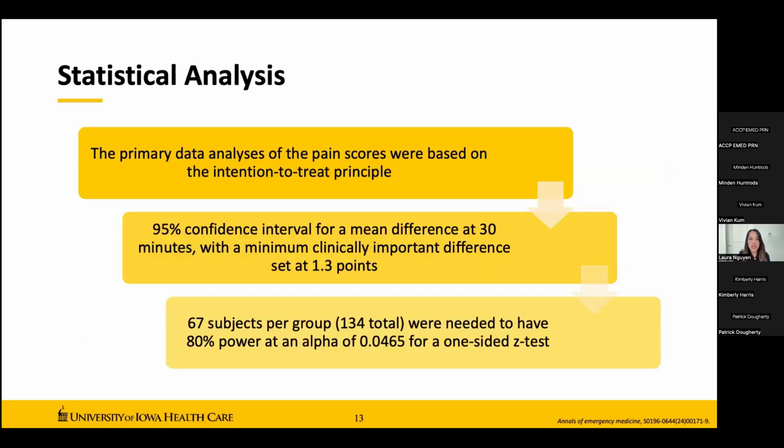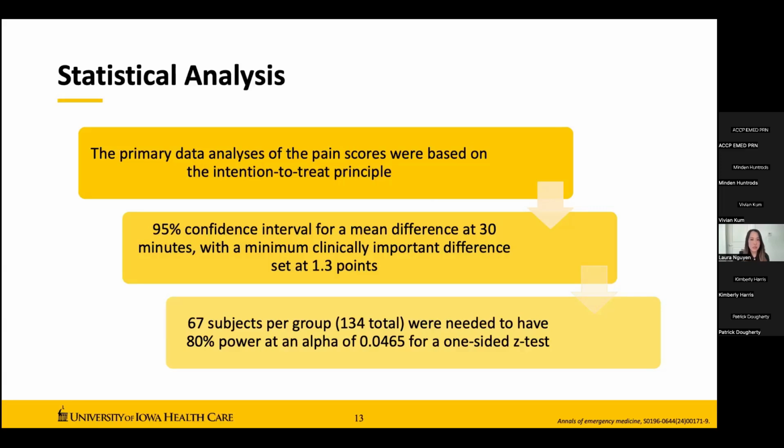For the statistical analysis, because this study aimed to determine if nebulized ketamine was superior to IV ketamine, the primary data analysis of the pain scores was based on the intention to treat principle, and a clinically important difference was defined as a pain reduction of at least 1.3 points on the numeric rating scale. And to ensure sufficient statistical power, the study required 134 patients total, so 67 per group.